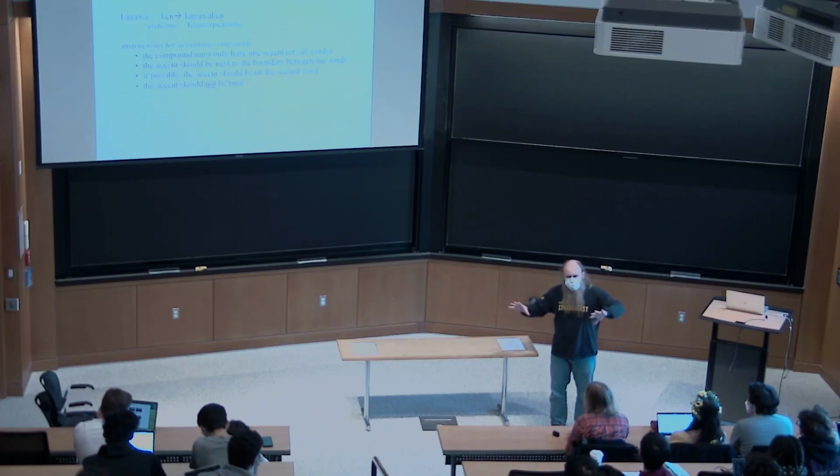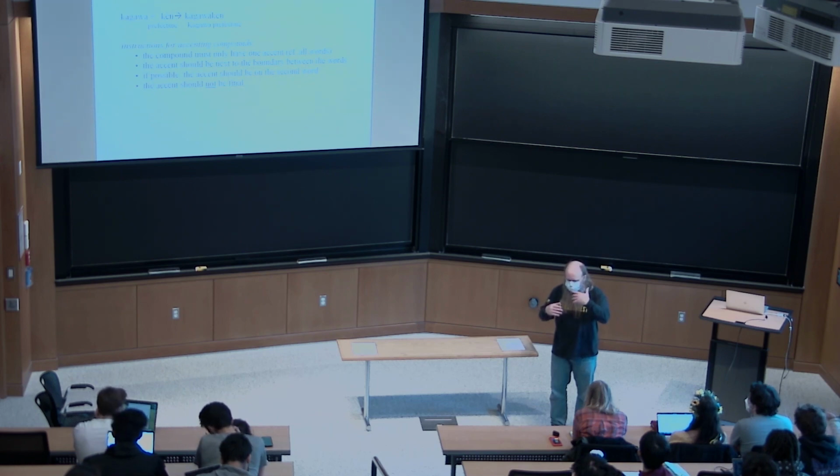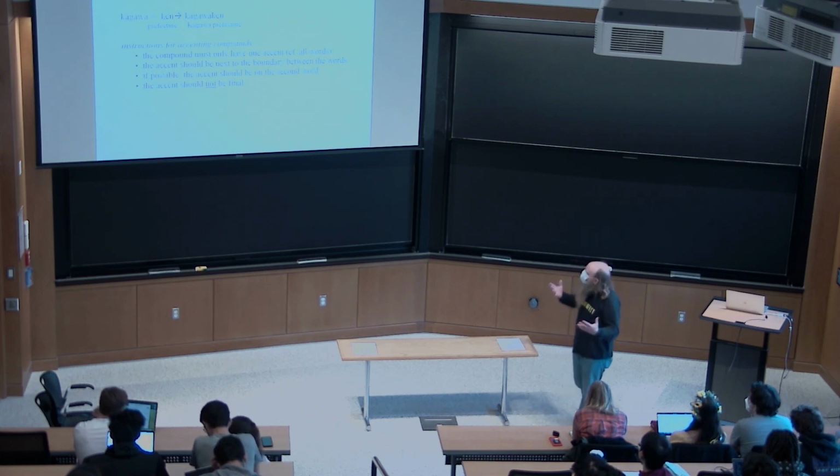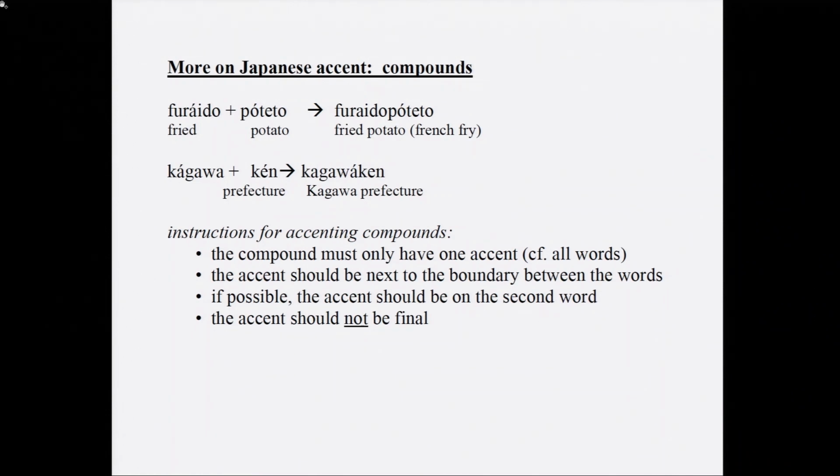I'm telling you all this, not just to educate you in what a cool and complicated language Japanese is, but to show you that there are cases of cool and complicated phenomena that can be fruitfully thought of as a series of things that you're trying to do which are in conflict with each other sometimes. So Japanese wants the accent to be on the second word, and next to the boundary between the words.